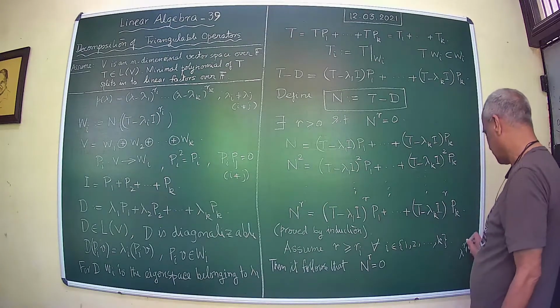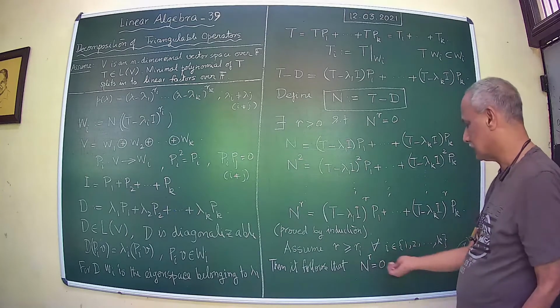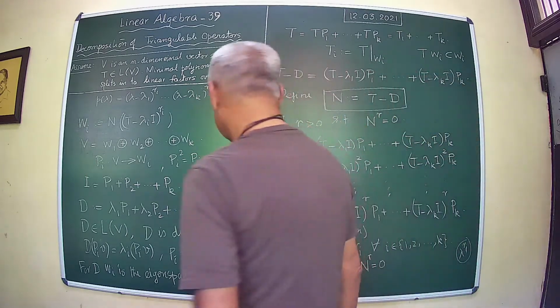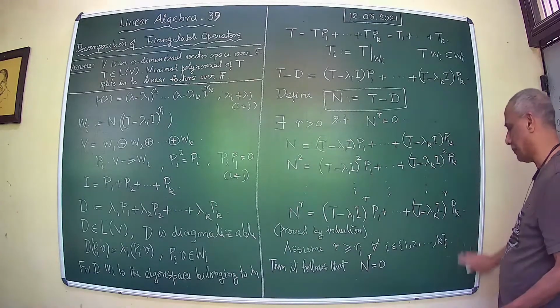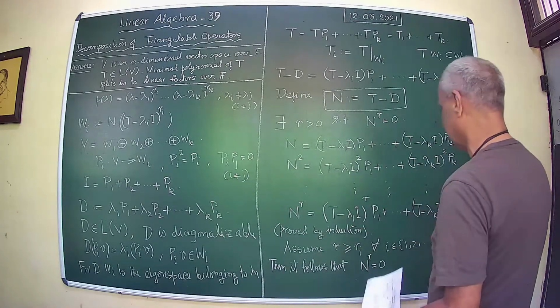Therefore, you see that this becomes 0 for each, and this happens for each one of these equations.